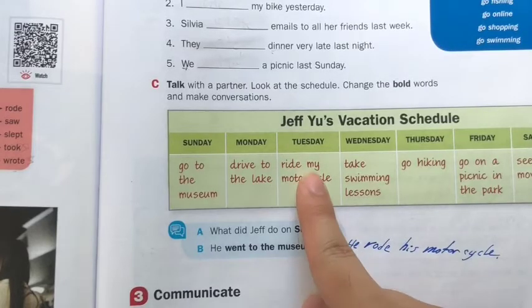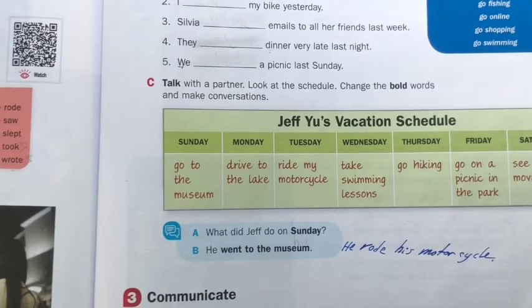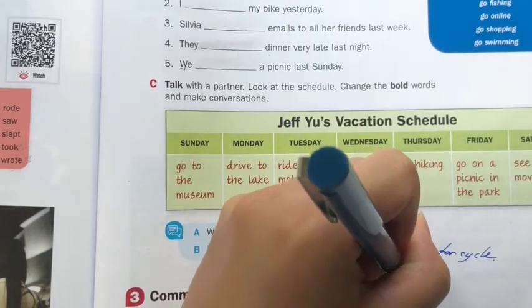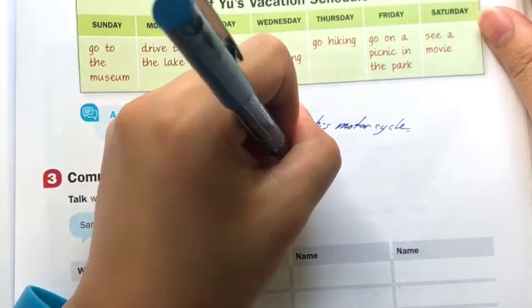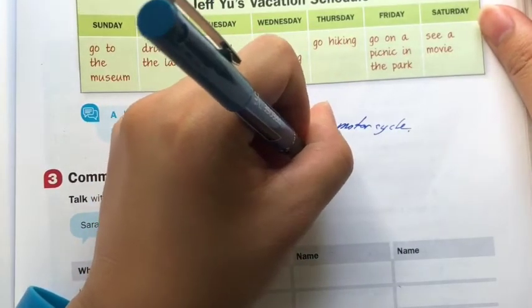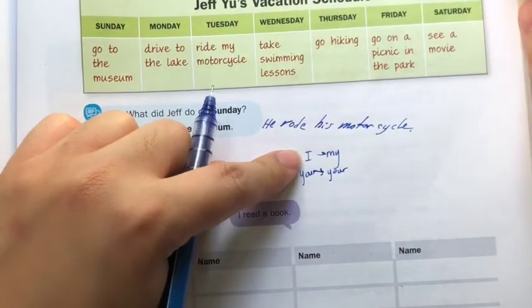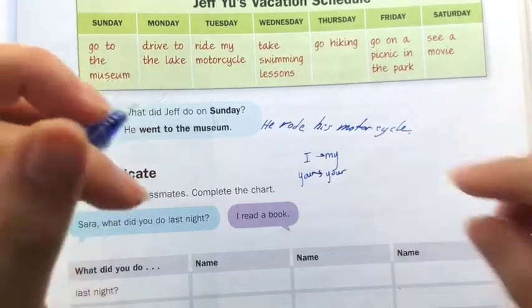We change my to his because we are using he. Remember, these are the words that we use when we have something. I goes with my. You goes with your. So we say, I have a motorcycle, or we say, this is my motorcycle.